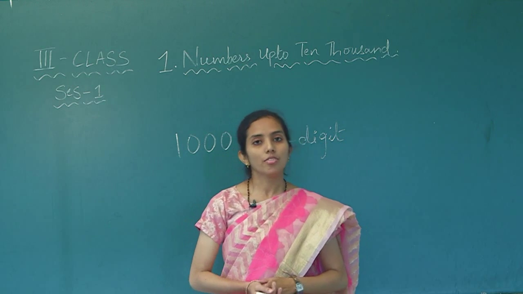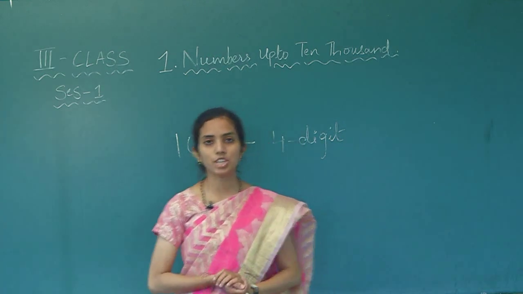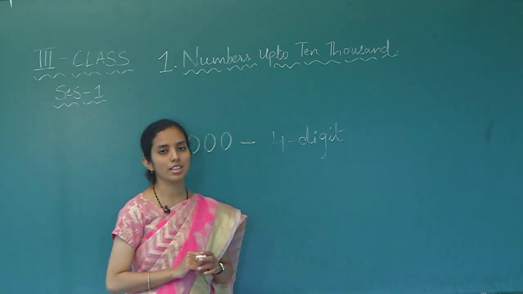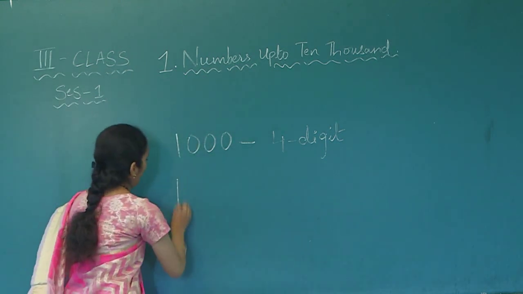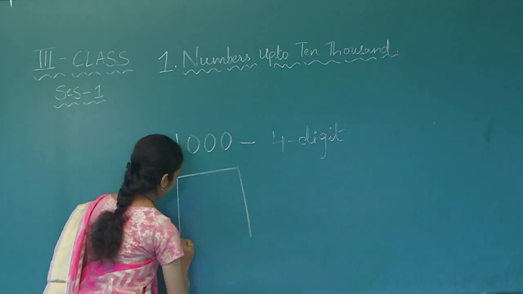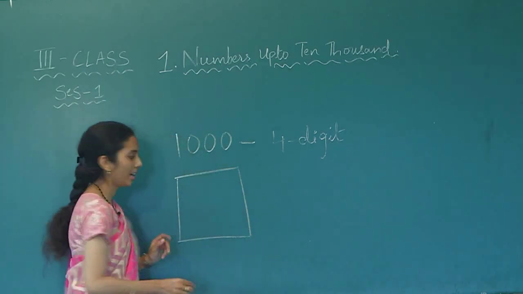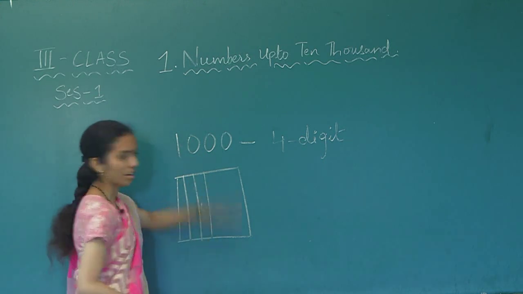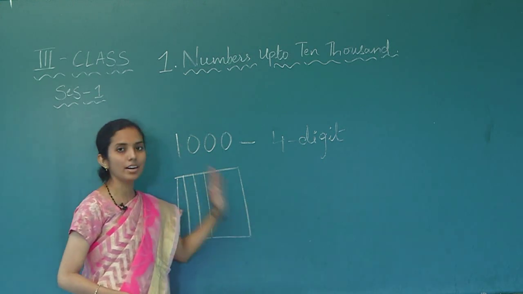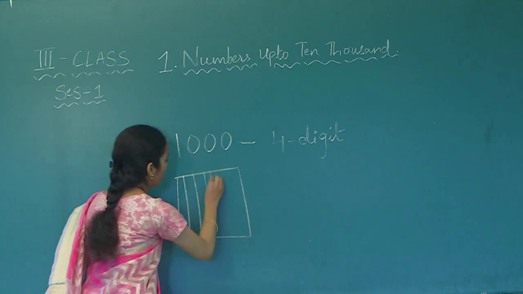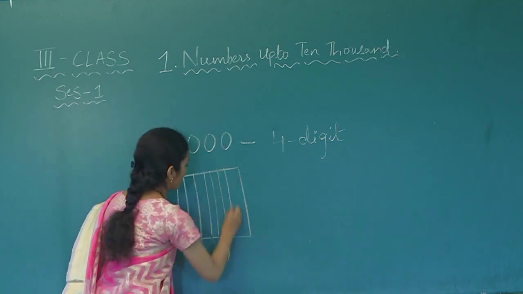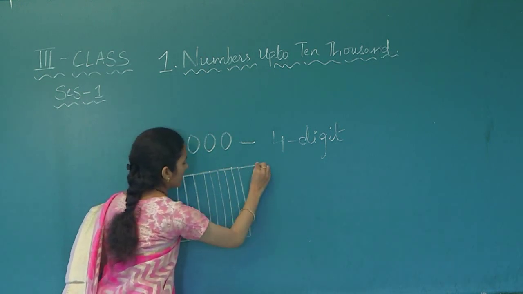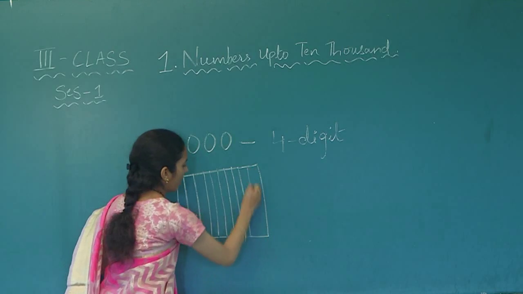To know that, we have the traditional method of drawing squares and counting the boxes in the square. So how do we represent 100? We represent 100 in boxes of 10 vertical columns and 10 horizontal columns. So this square represents 100.